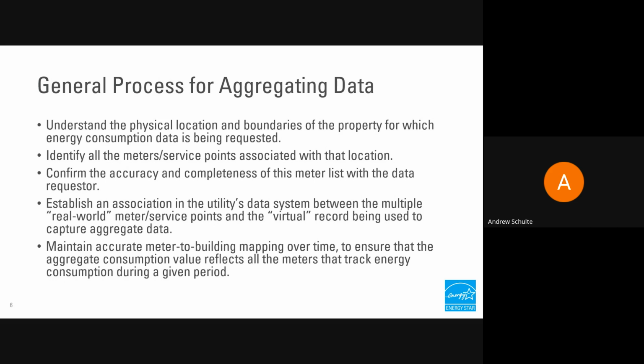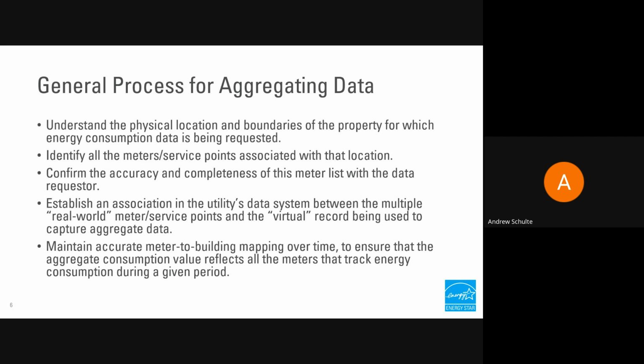Once that back and forth has happened and both parties feel confident that all of the constituent meters have been identified, then those are rolled up on the back end through a technical process that would probably be coded, and those individual constituent meters would become rolled up into an aggregate or virtual consumption record, which could then be sent to the building owner.